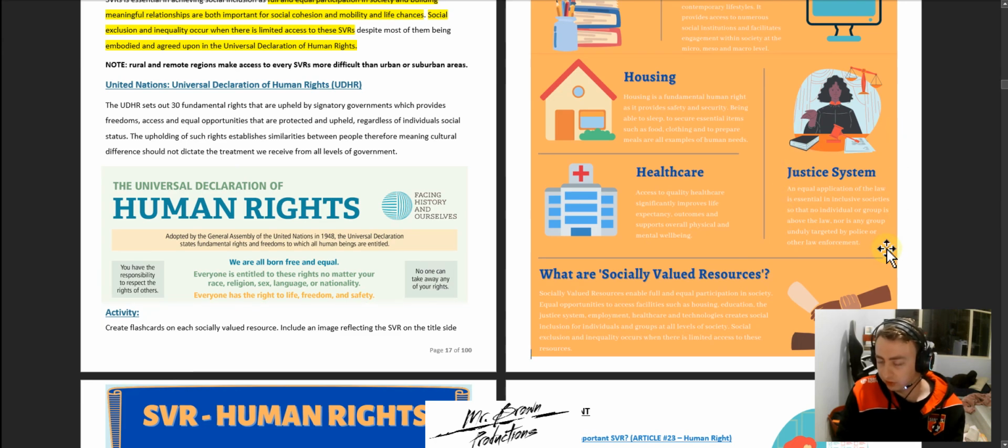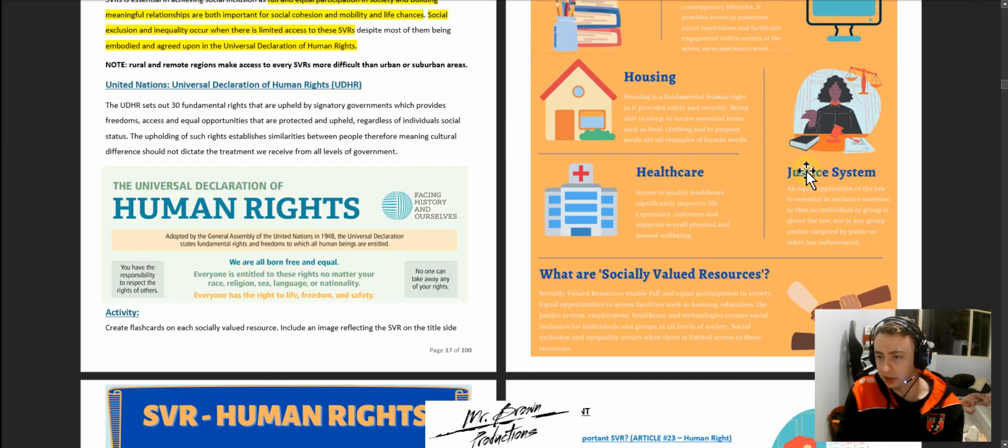And then the justice system, the application of law. It's essential to have an inclusive society, and when things aren't going right, when things do go wrong, you need a strong and fair justice system to be able to stand up for people that face social exclusion. So no one should be targeted unduly by police or other law enforcement. The law is there as the unbiased method of justice.